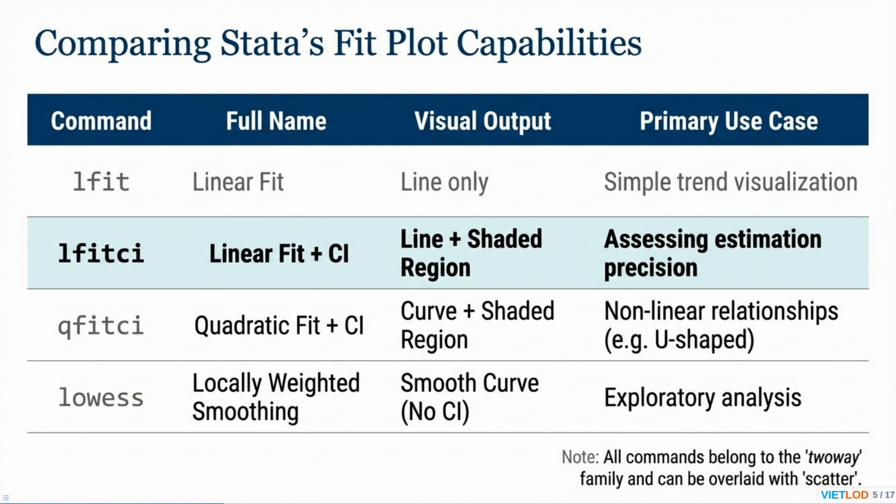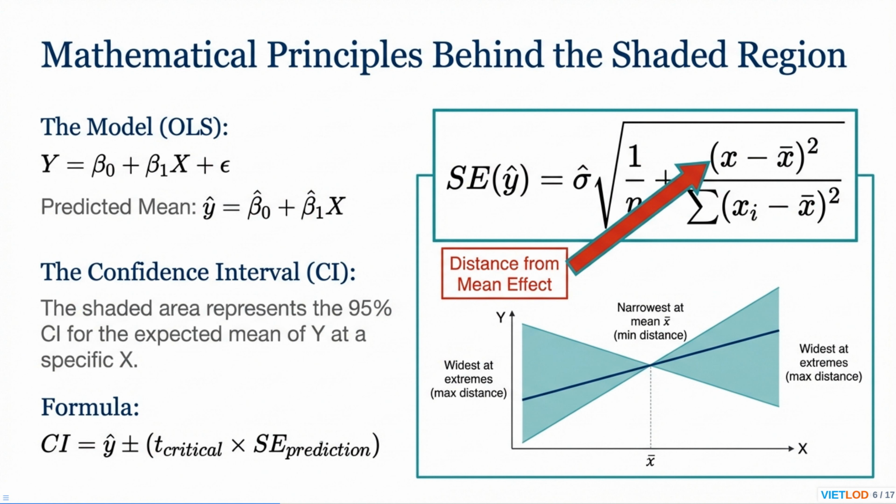Remember that all these commands are part of Stata's powerful twoway family and can be easily overlaid with a scatter plot for full context. This comparison helps us understand where lfitci fits within Stata's broader capabilities. Now that we know what lfitci does, let's delve into the mathematics that create that important shaded region.